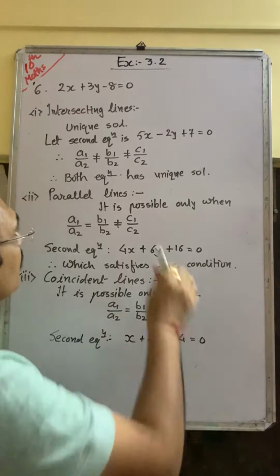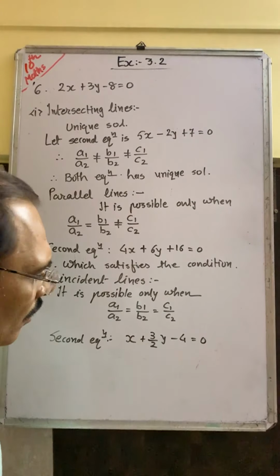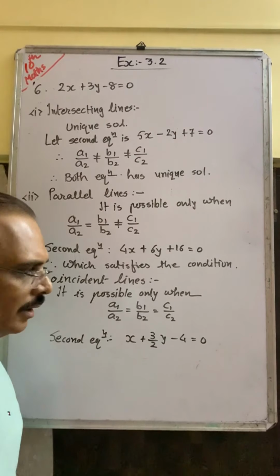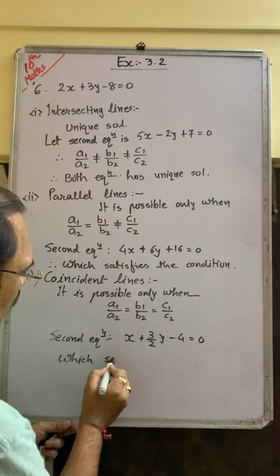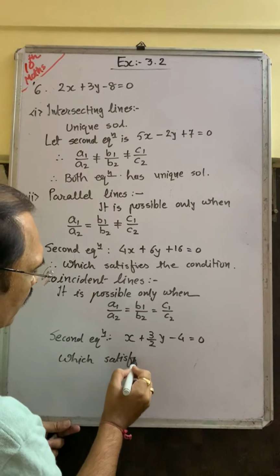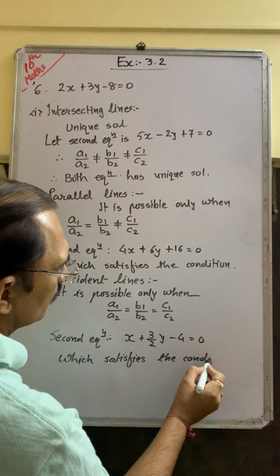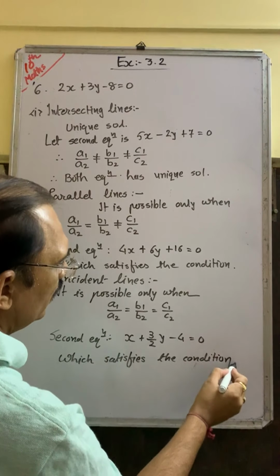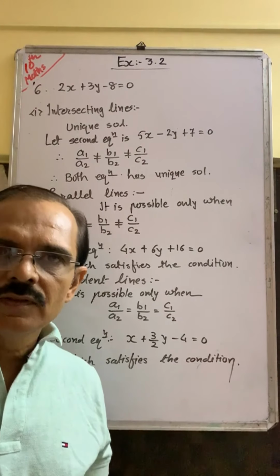You can multiply this equation by 3, 4, 5, 2 also, anything, but I write it typically. So this satisfies the condition. That's why we said infinitely many solutions are there. Okay, this is about question number 6.